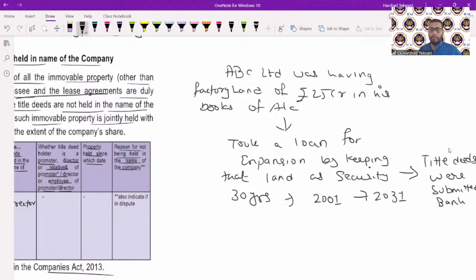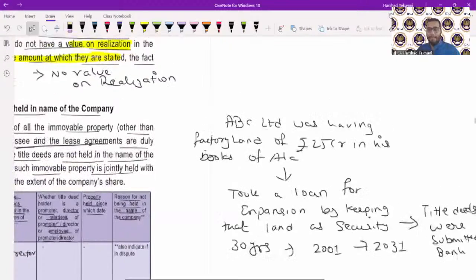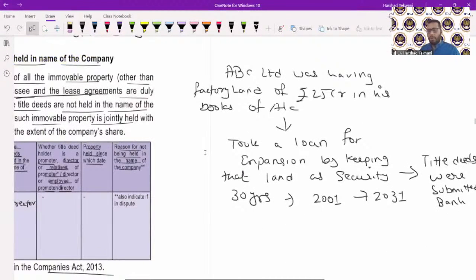Now this is the whole normal scenario of a loan the company is taking. Usually when we do audit, it was seen that while disclosing this particular transaction, companies never used to report under whose name this 25 crore land was. At times these lands are in the name of promoters.